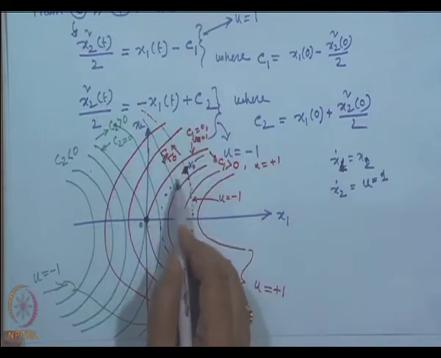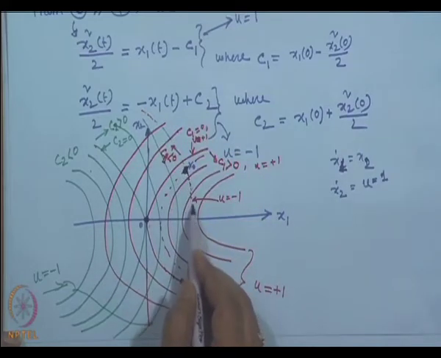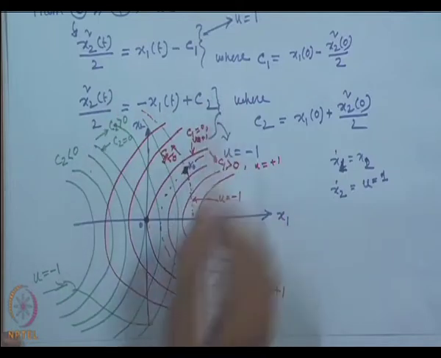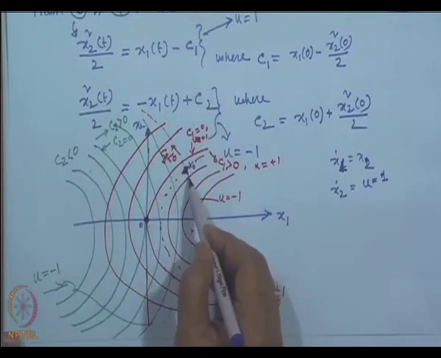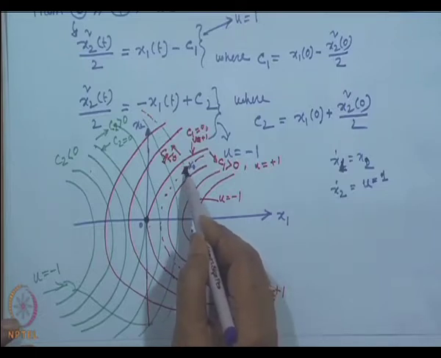Now if it is on the green parabola, that means equation number 7, agree, u is minus 1, and this trajectory is u equal to minus 1. It will drive in this direction, because x1 dot is positive, since x2 is positive.